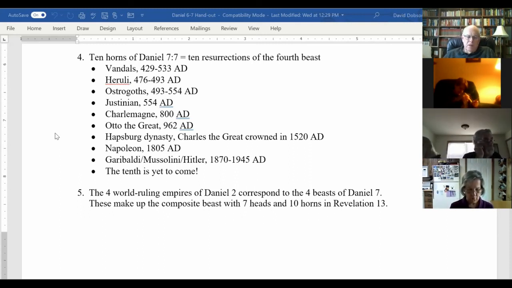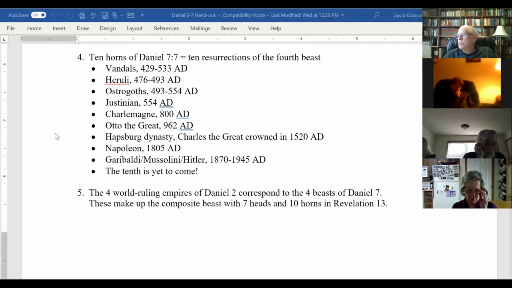Verse 19, then I wished to know more about the fourth beast. This one really stood out, and this one troubled him. It was different from the others, exceedingly dreadful, its teeth of iron, its nails of bronze, which devoured, broke in pieces, and trampled the residue with its feet.